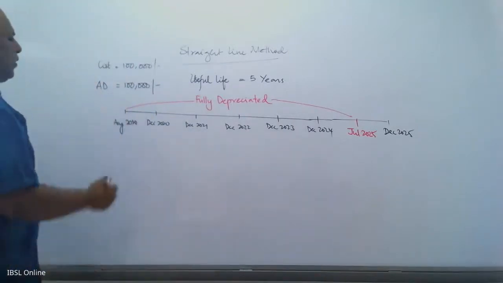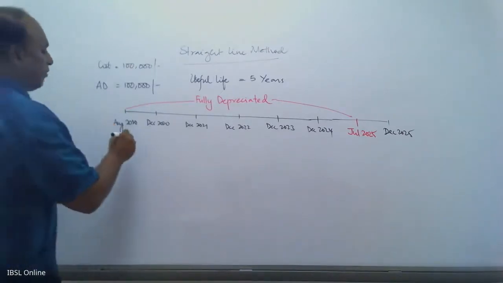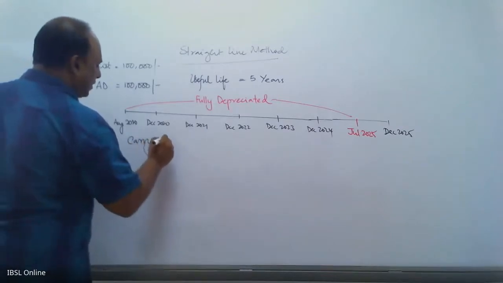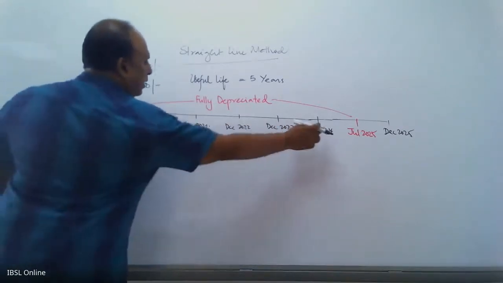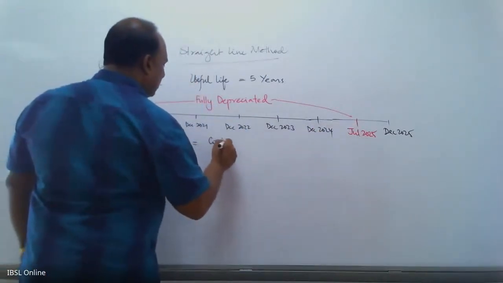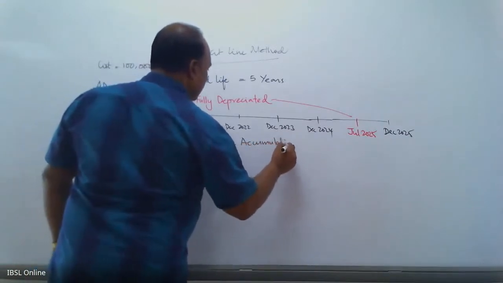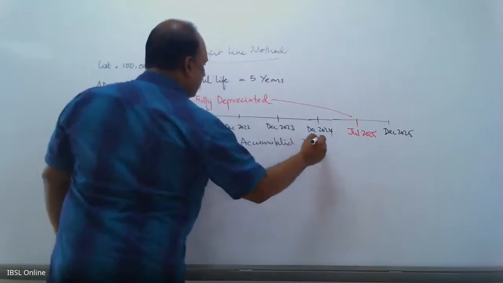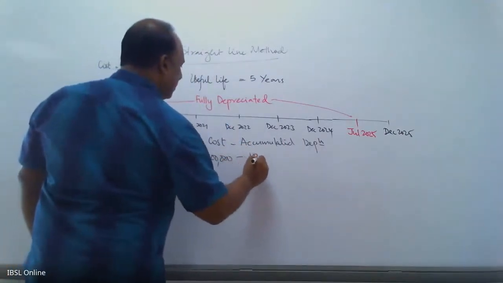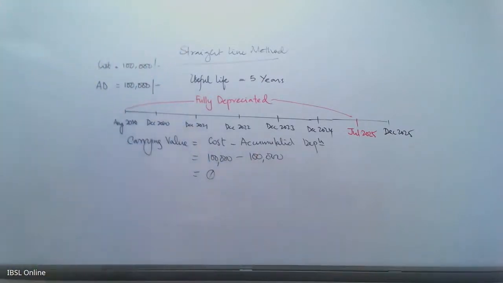Now, the difference between cost and accumulated depreciation is known as the carrying value of the asset. At this point, the carrying value will be cost minus accumulated depreciation. So 100,000 minus 100,000, it becomes 0.